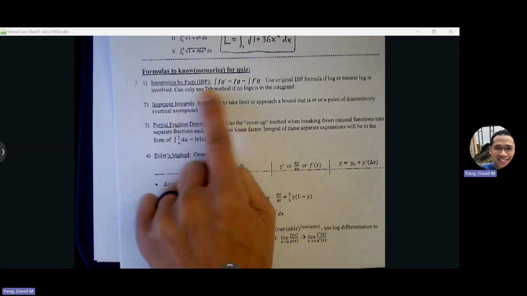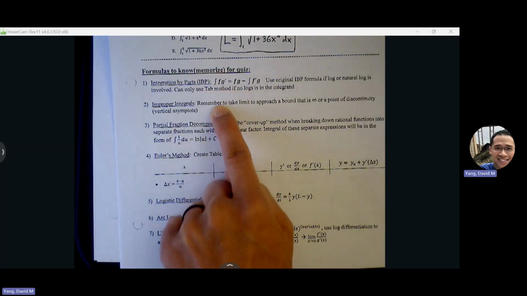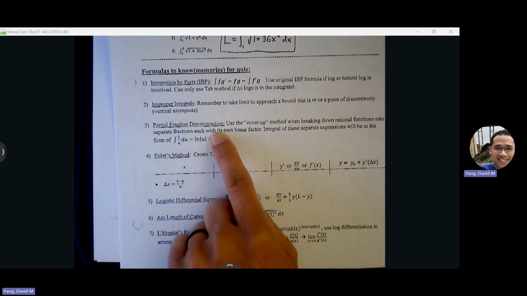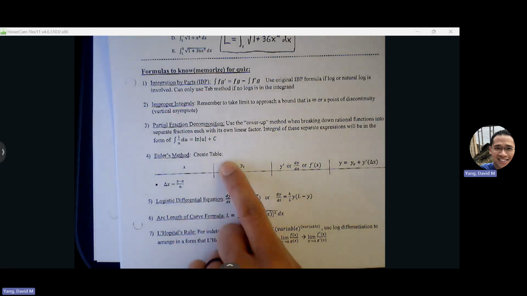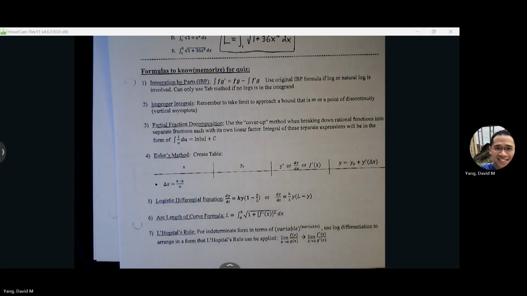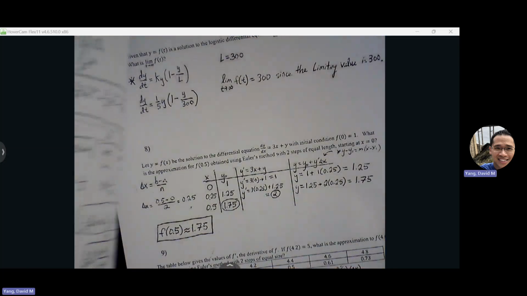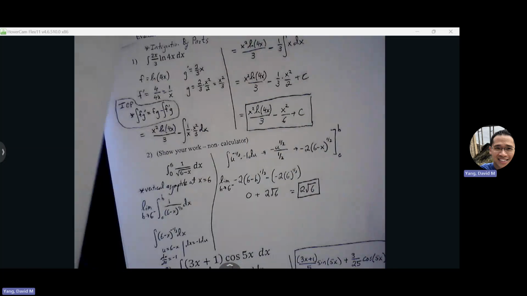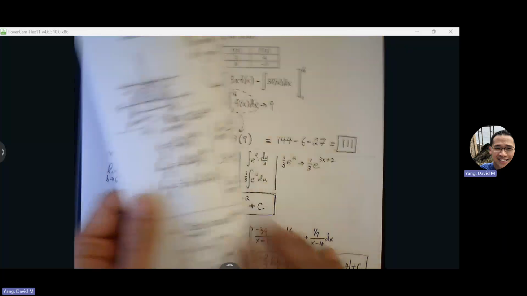You'll see one or two integration by parts, at least one improper integral, a partial fraction, Euler's method, logistic equation, arc length of a curve, L'Hopital's. So how many questions is this going to be? Like 8 or 9. It's like 3 pages. So it'll be slightly shorter than these worksheets.